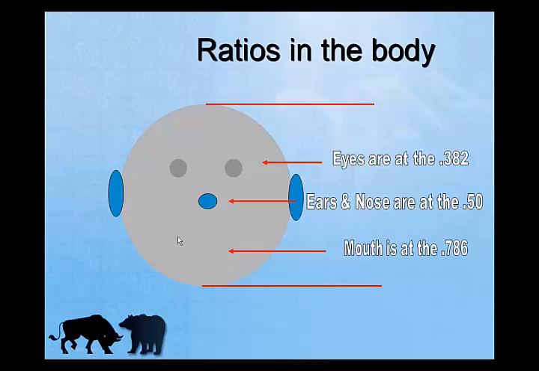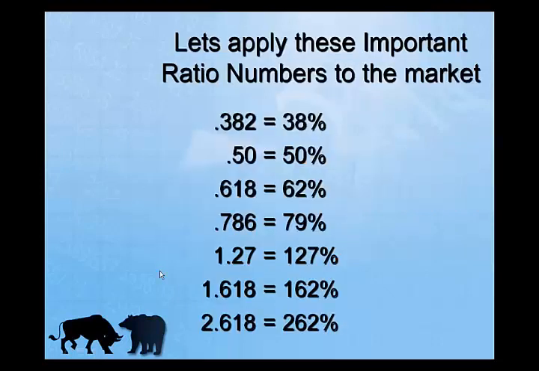Then they got people the public believed not to be attractive, and their eyes were maybe at 40% or 36%. They weren't at the perfect numerical sequence. So what we consider beauty is when it's at the Fibonacci numerical sequence.